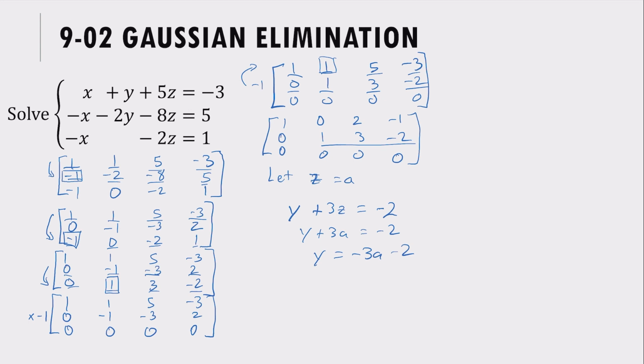And if I take my top equation, which is 1x plus 2z equals negative 1, but z is a, so x would be negative 2a minus 1. So our answer is x, y, z.